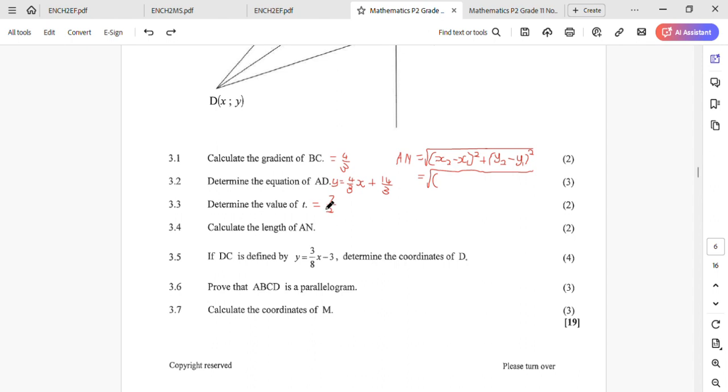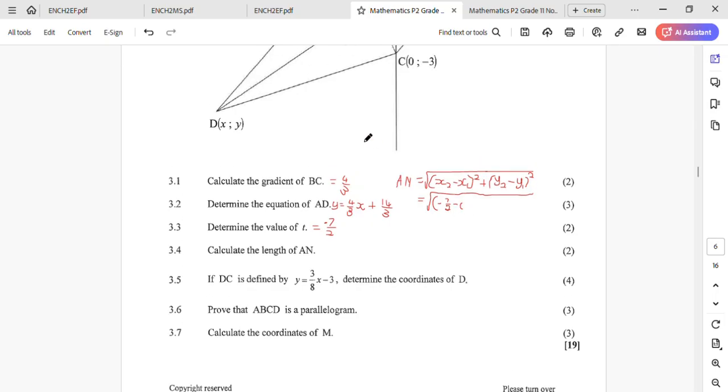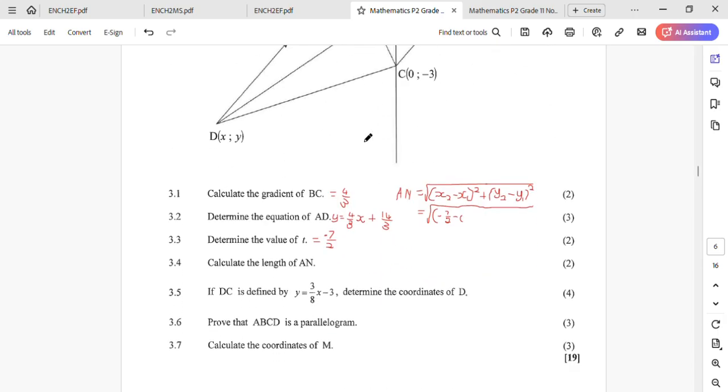And yeah, it's minus 7/2. It's not positive. Using my head, don't blame me. Don't have any calculator close by. Minus into xA, which is minus 2.